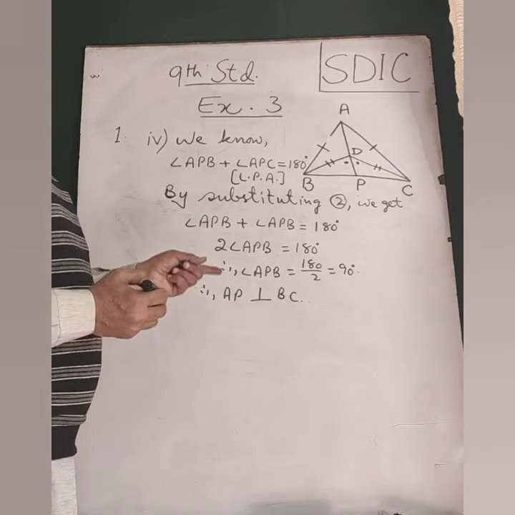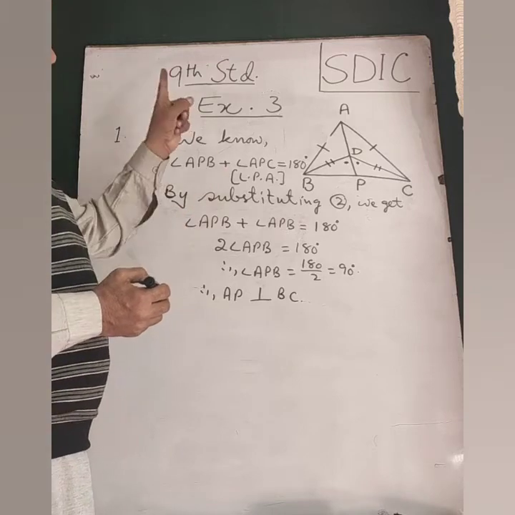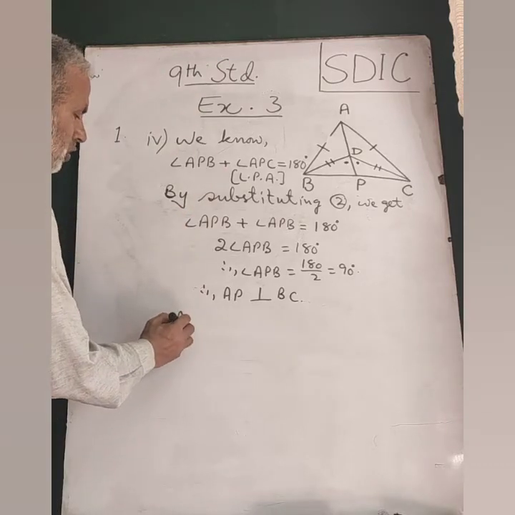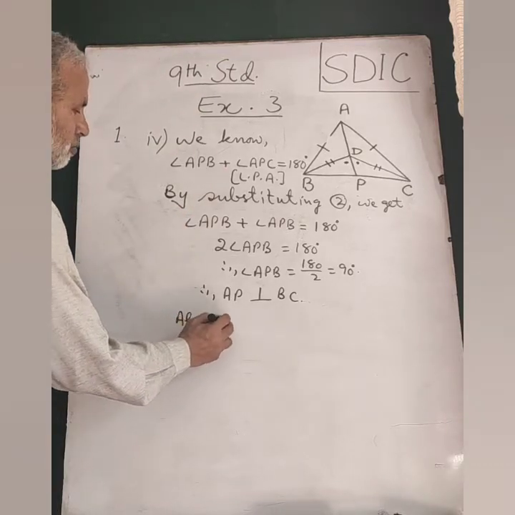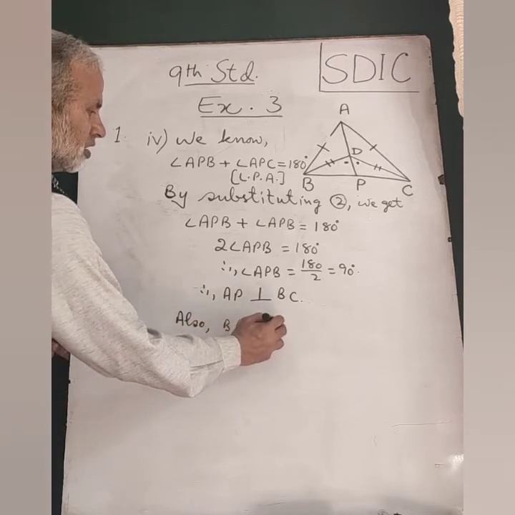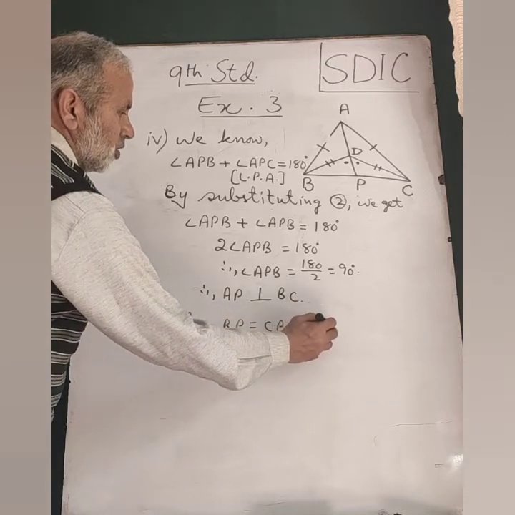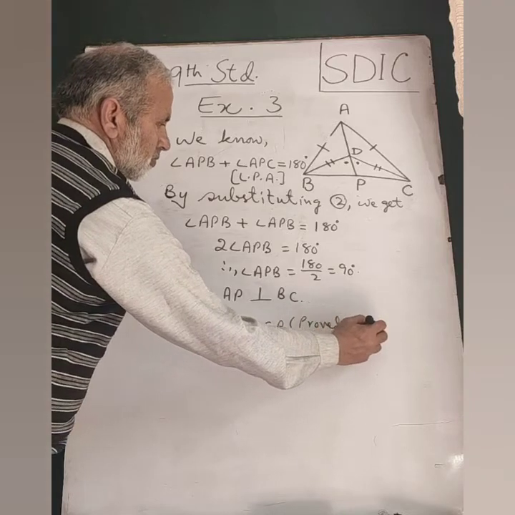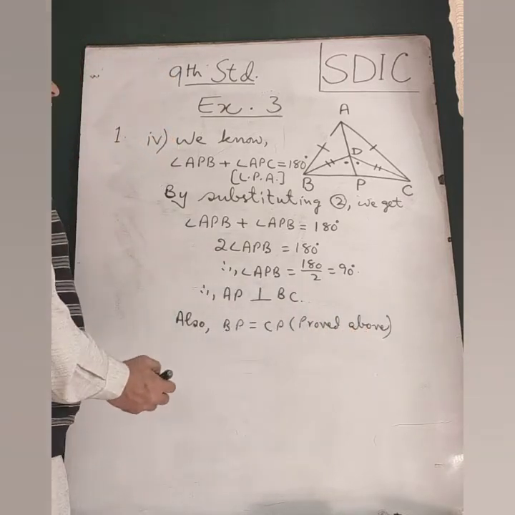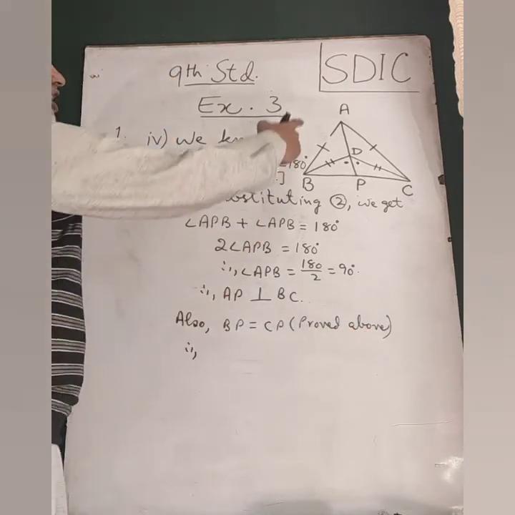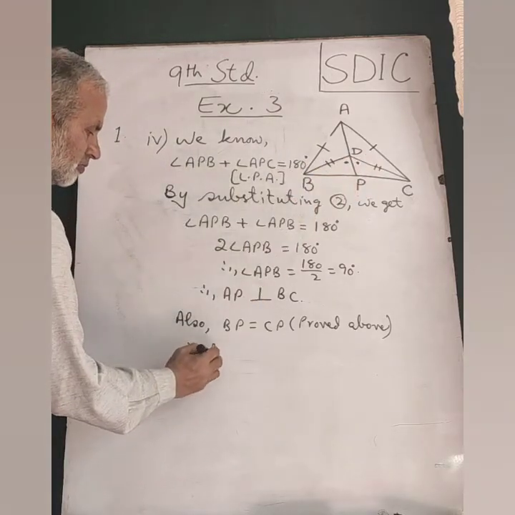But we have to prove perpendicular bisector. That bisector part we have earlier proved, right? Also, BP is equal to CP. We have proved it. Proved above. Which in turn means that AP bisects BC.